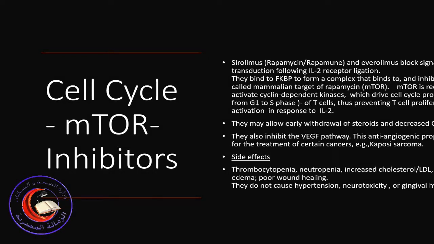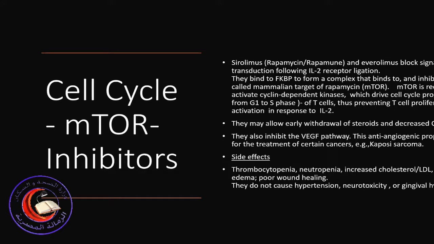When interleukin-2 binds to its receptor, CD25, it will result in signals being sent downstream into the cell to eventually activate cell proliferation and produce the effects that interleukin-2 is responsible for.